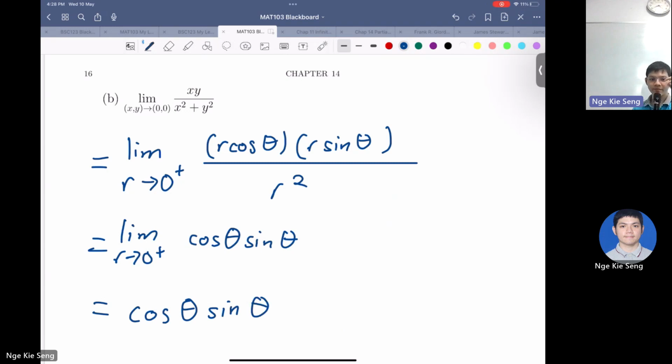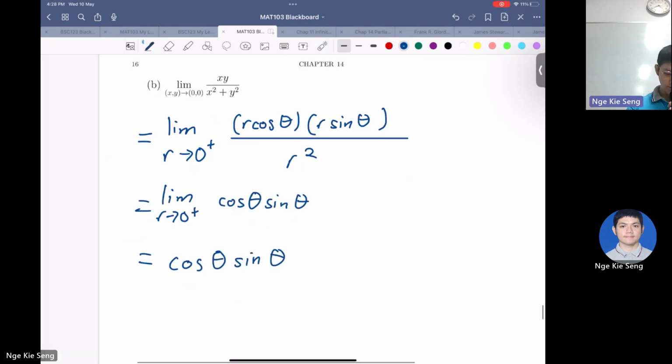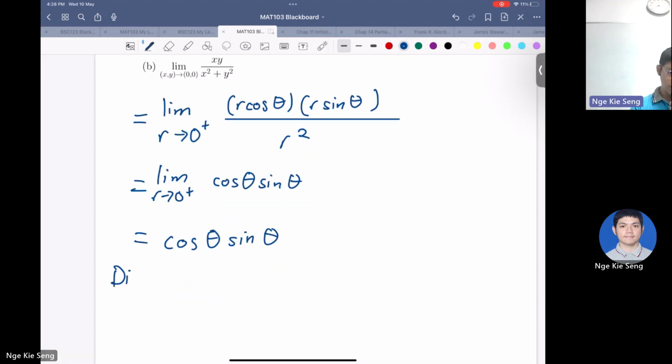So what does this mean? If you take different angles, you will get different values. So what does it mean?